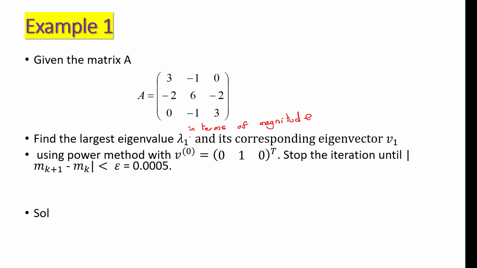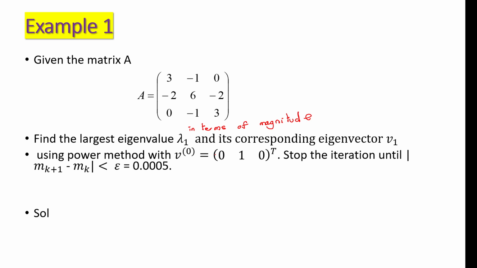Find the largest eigenvalue lambda 1 in terms of magnitude and its corresponding eigenvector v1, using the power method with the initial eigenvector v superscript 0 equal to 0, 1, 0 transpose.